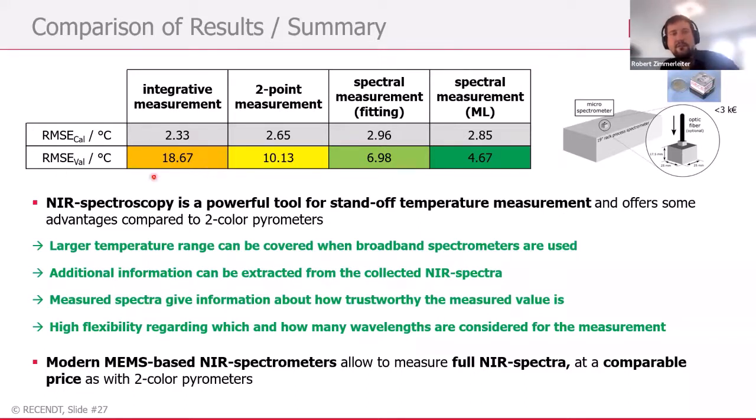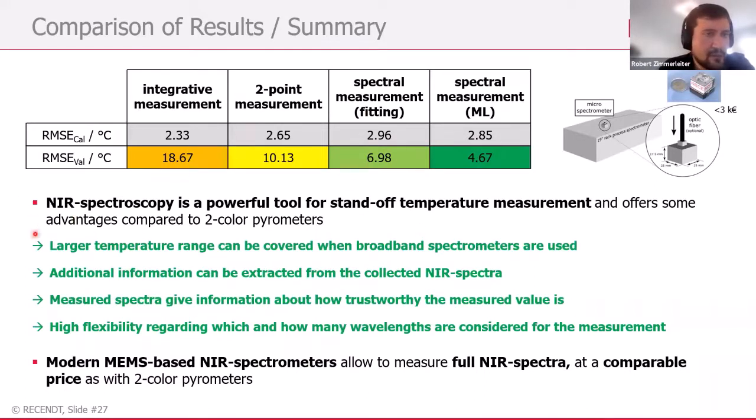And the validation error shows a clear trend: the integrative measurement or 1-point measurement is the worst. 2-point measurement is already much, much better. Still, the spectral measurement using a fitting routine can reduce the error a little bit further, but the best results we got actually with the spectral measurement using machine learning algorithms, which can minimize the validation error down to just below 5 degrees Celsius.